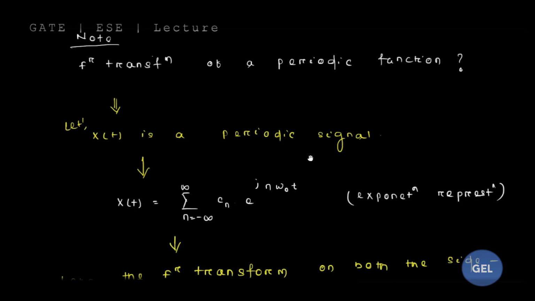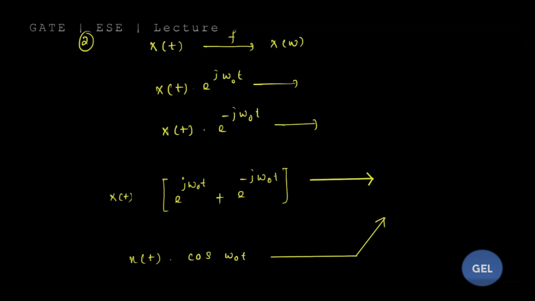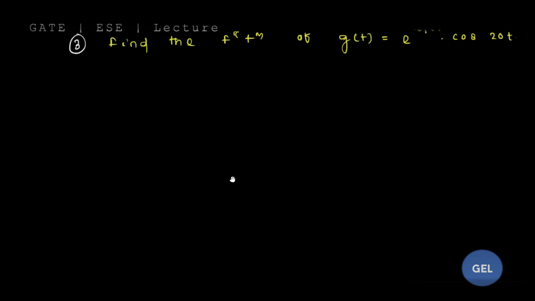There is a very important point associated with this periodic signal. Also we'll revisit a couple of properties, like the time shifting property and the important concept associated with it. Also a couple of very important conceptual questions, the frequency shifting property and the concepts associated with it, and also 2-3 very important conceptual examples that we are going to discuss in this lecture video.